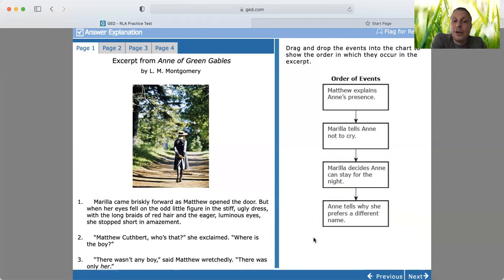You never know. She is staying the night, so we don't know if they send her back. So that's when Annie starts making a case for herself as Cordelia, maybe hoping that the family just maybe might keep her. So Matthew explains Annie's presence.